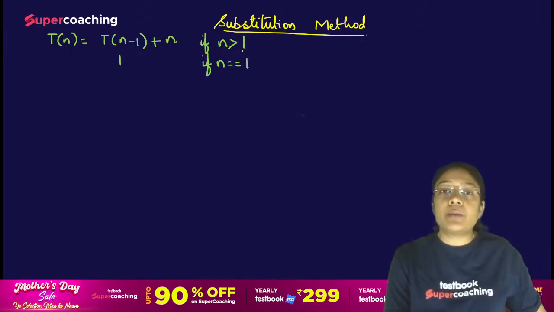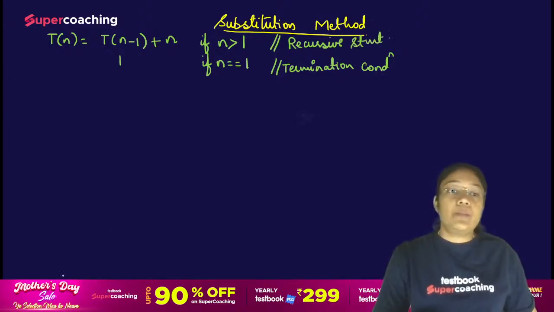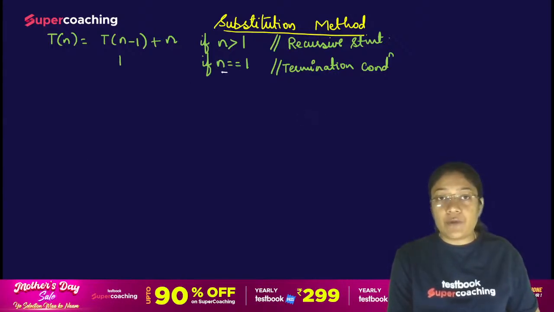That means if the problem is large, then we'll be making a call like this. And if n is equal to 1, that determines the termination condition, meaning if the value of n becomes 1, then it will return 1 only. This is the termination condition and this is the recursive statement.